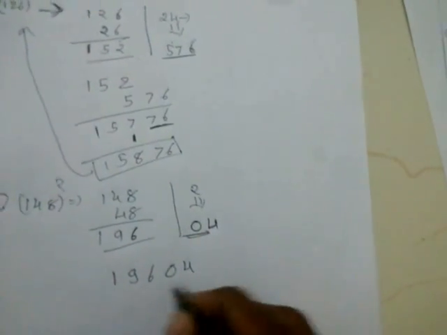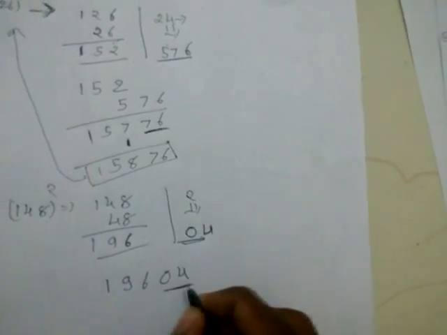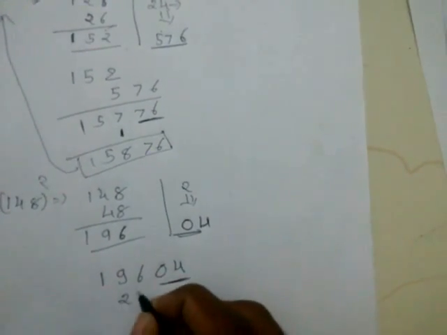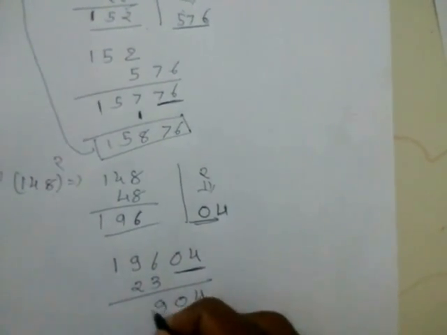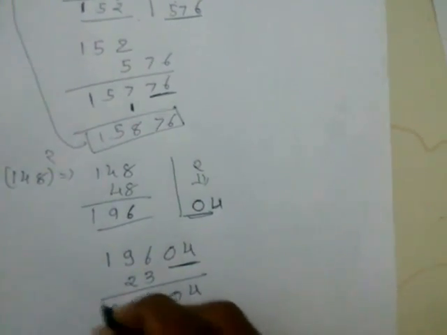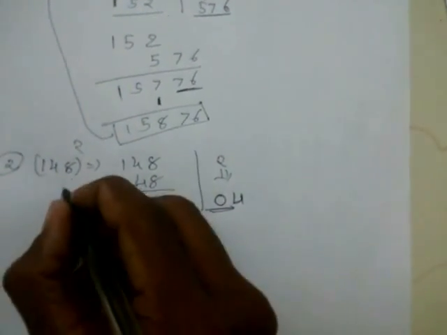So the difference between 148 and 125 is 23. So in the third and final step, skip the last two digits and add 23 here. Add the numbers, you get the final answer. 21904 is the answer for 148.